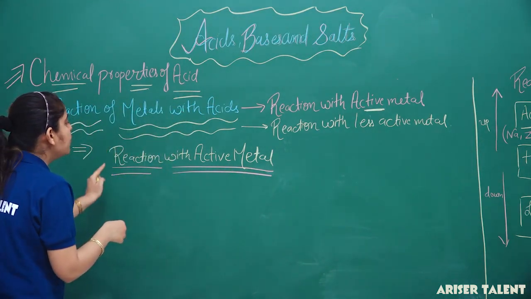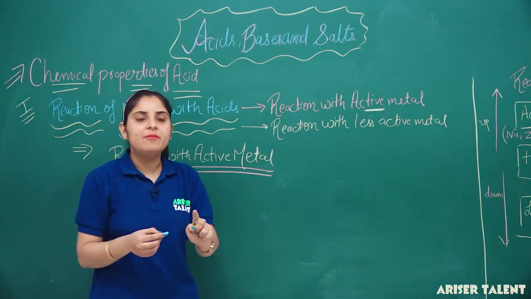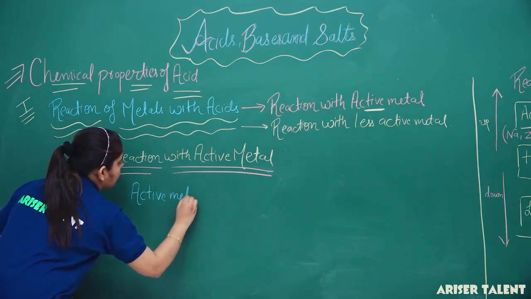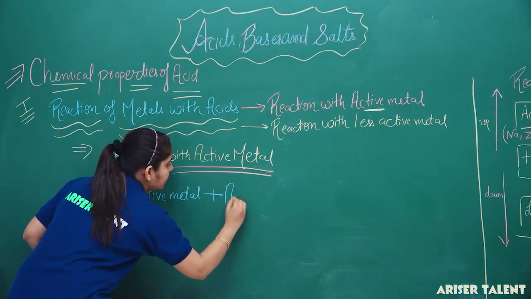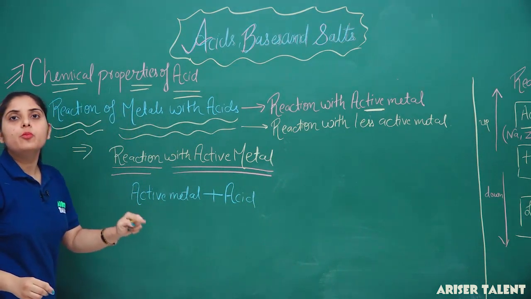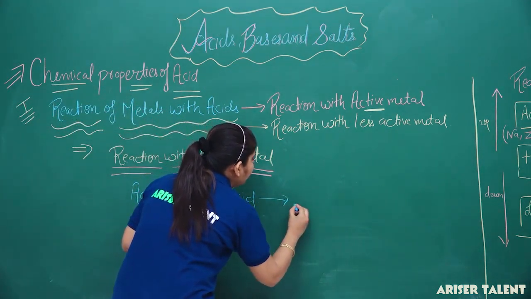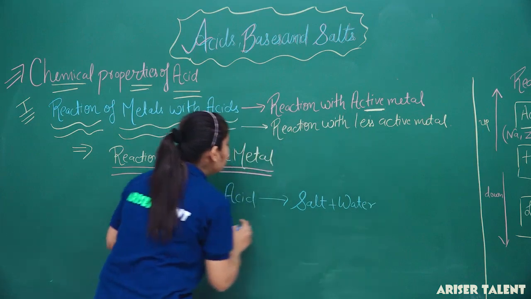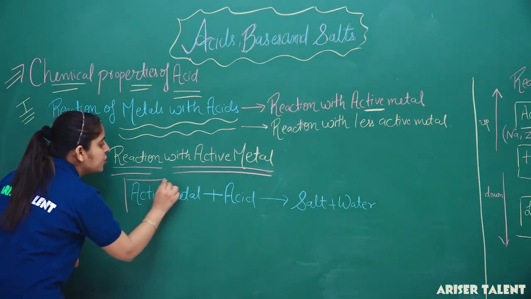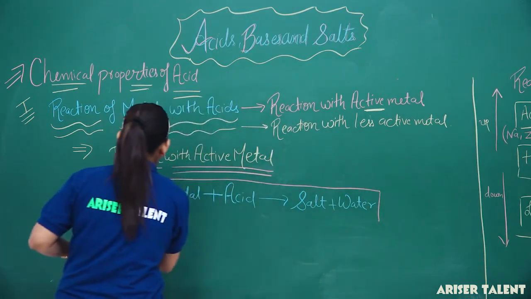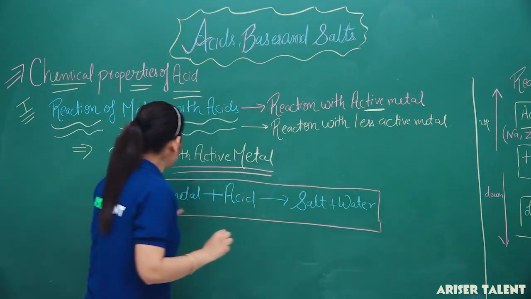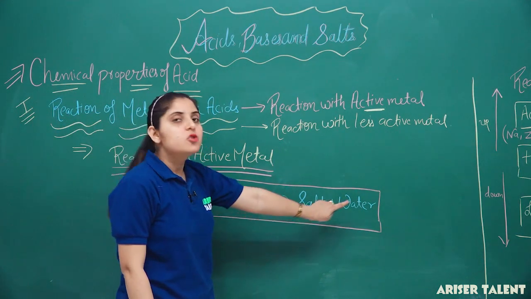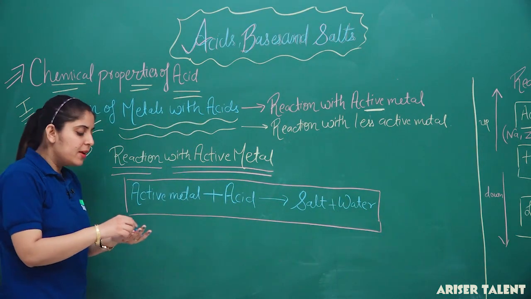The general equation for the representation of reaction with active metal will be: when active metal reacts with acid, it is going to produce salt plus hydrogen. So this will be the general equation for the reaction between acid and metal. Active metal is going to react with acid, and in the product side we are getting salt and hydrogen. Now we will understand this with the help of an example.